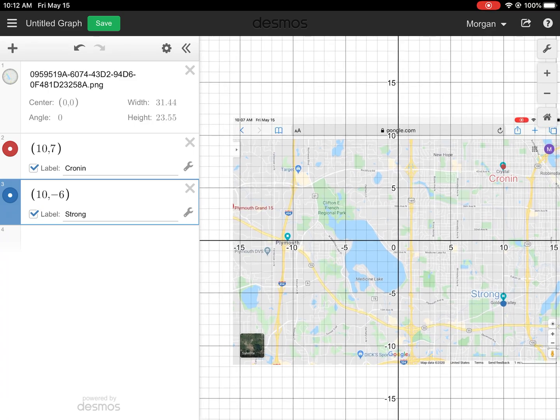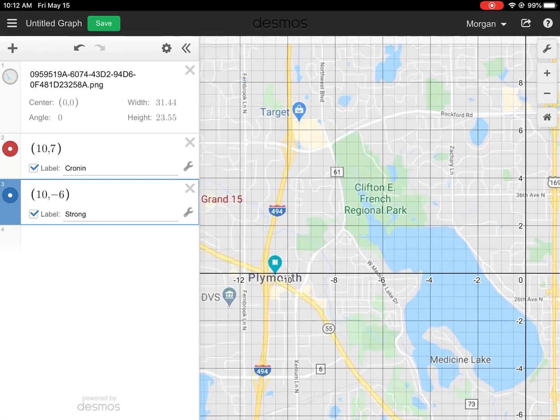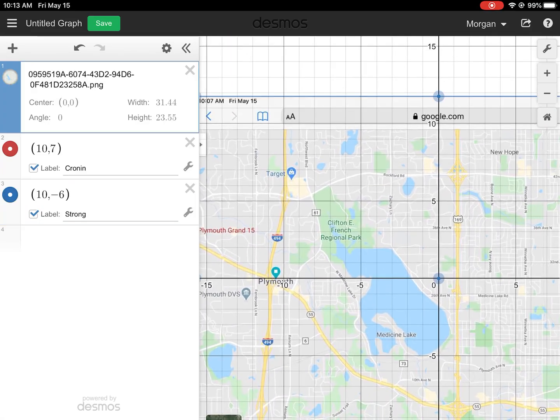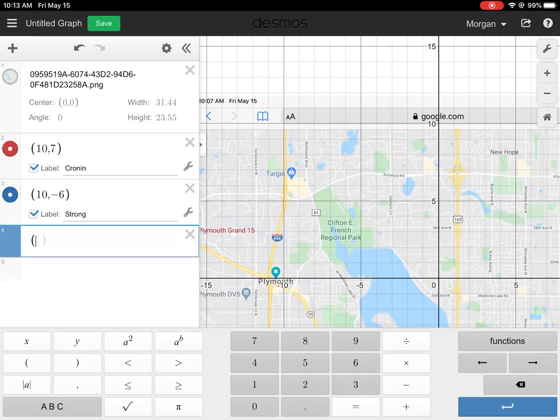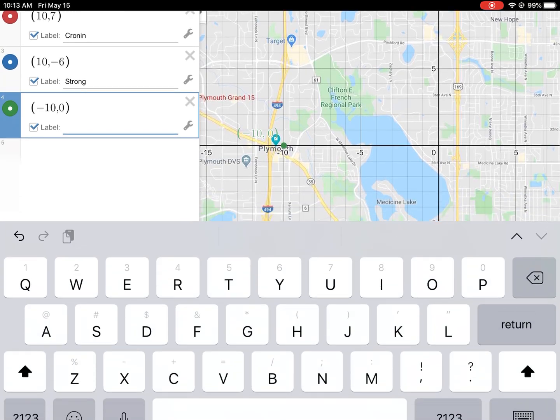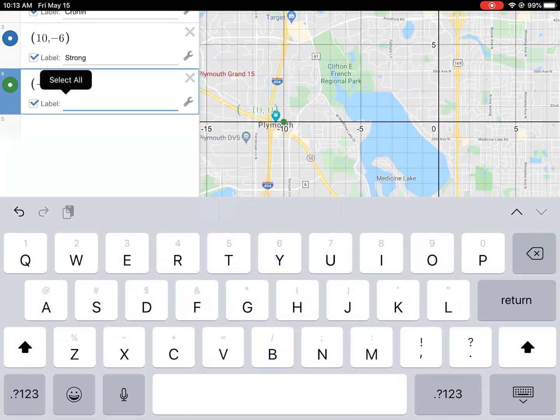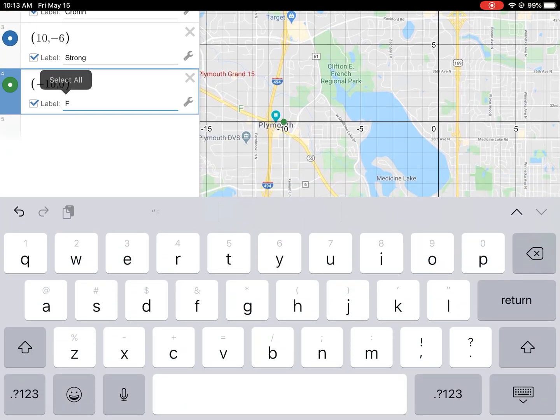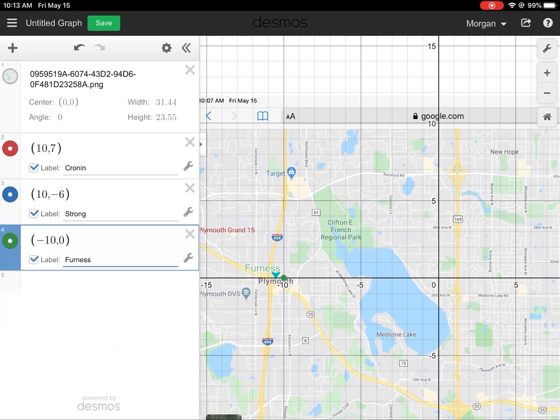And then I'm doing the same thing with Plymouth, and I'm going to call Plymouth to be at negative 10, 0. Okay, and again, that one's a little bit off, but that is okay. It's as close as I can get while using whole numbers. And I'm going to label that one as Furnace because that's where Miss Furnace lives.